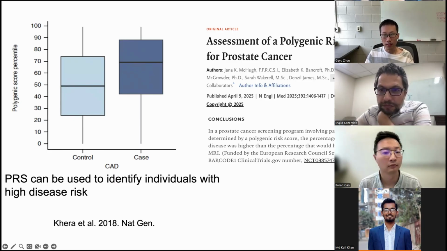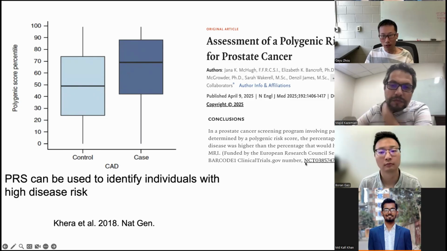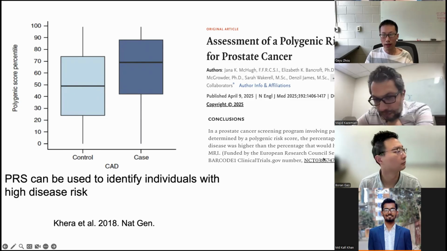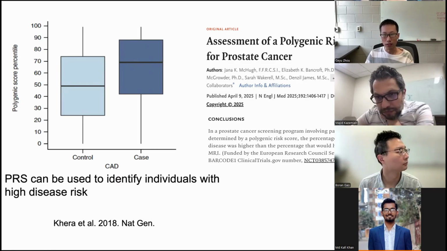And more recently, earlier this year, one of the first clinical trials was conducted to evaluate the efficacy of the polygenic score in screening for prostate cancer.